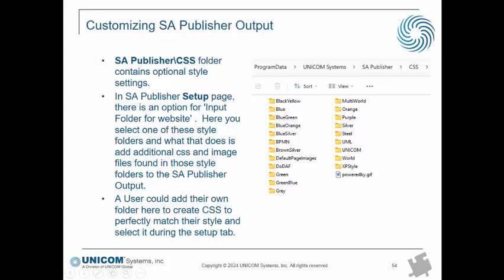The CSS folder contains a number of example style sheets for output, and you can choose one of these styles on the Setup tab of the SA Publisher UI. There's an option called Input Folder for Website. You can try these out, and you can add your own folder and style sheets here as well, and choose that in the Setup tab.